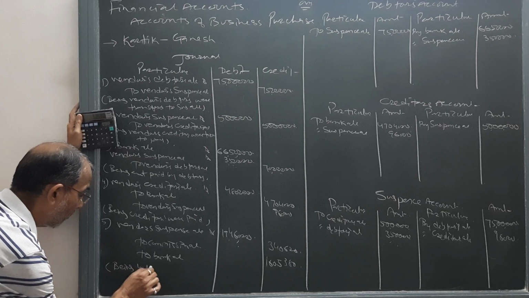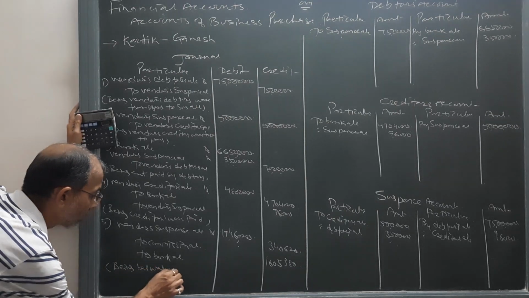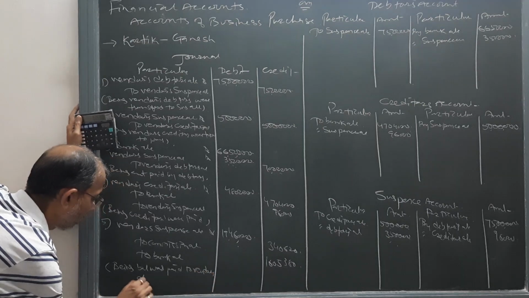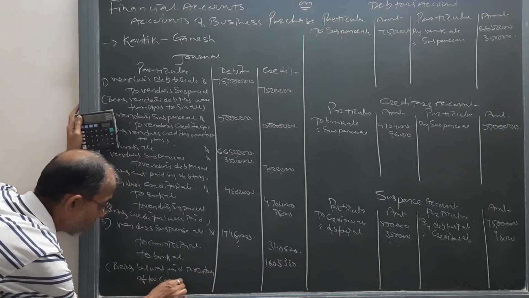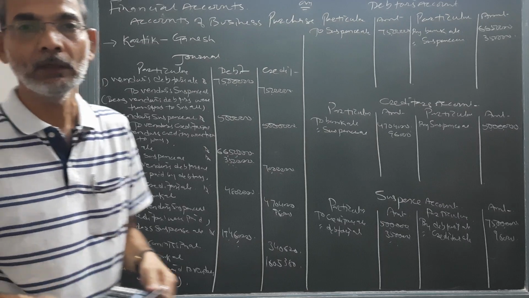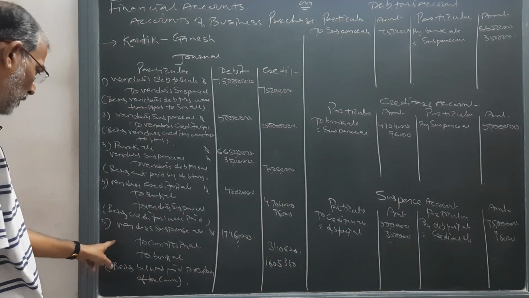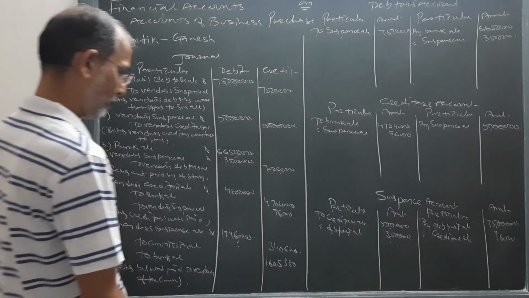Being balance was paid to vendor after commission. Now suspense account is debit because of commission and bank.